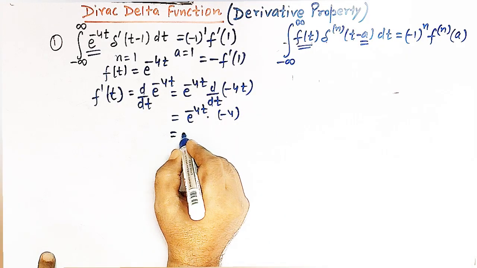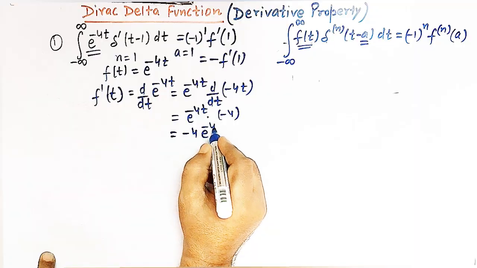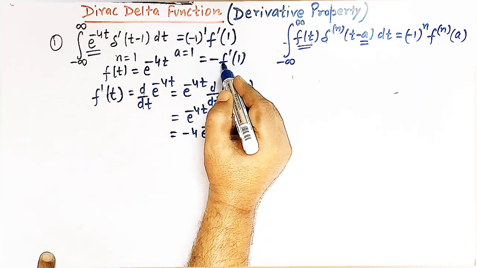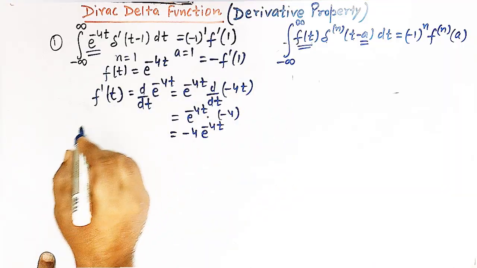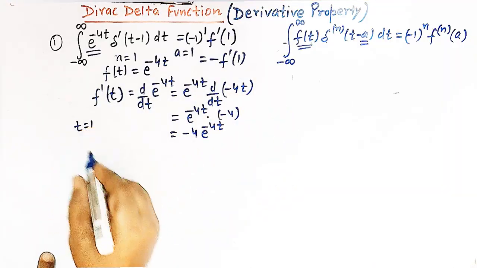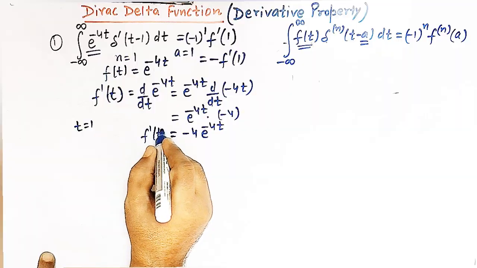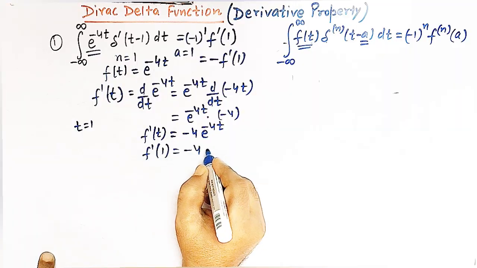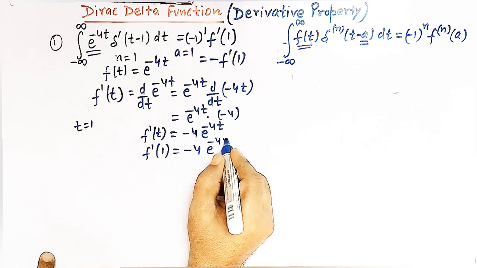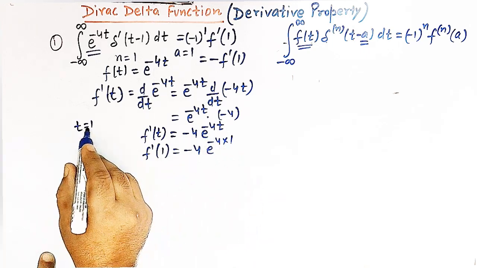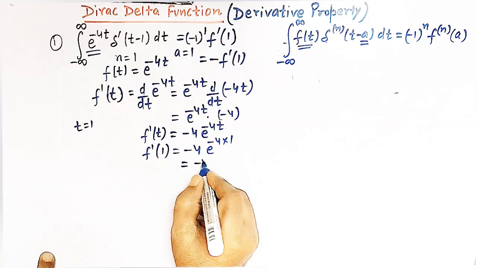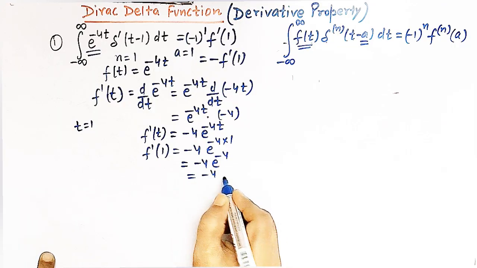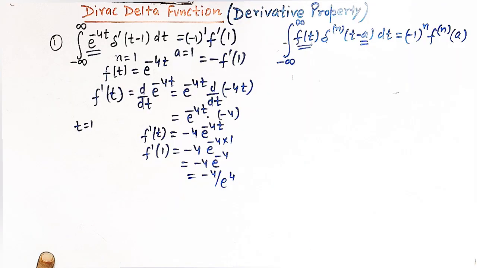So we have minus 4 times e raised to minus 4t. Now we have to find f prime of 1, so let us take t equal to 1. So f prime of 1 is minus 4 e raised to minus 4 times 1, that is minus 4 e raised to minus 4, or minus 4 divided by e raised to 4.